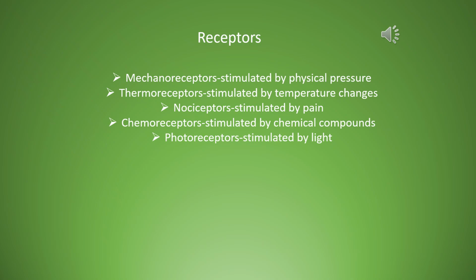Chemoreceptors, such as our sense of smell and sense of taste, those receptors are stimulated by the binding of certain chemical compounds. And then last but not least, perhaps most impressively, our photoreceptors. These are the rods and cones of the retina. They are stimulated to fire an action potential anytime they are impacted upon by certain wavelengths of light.